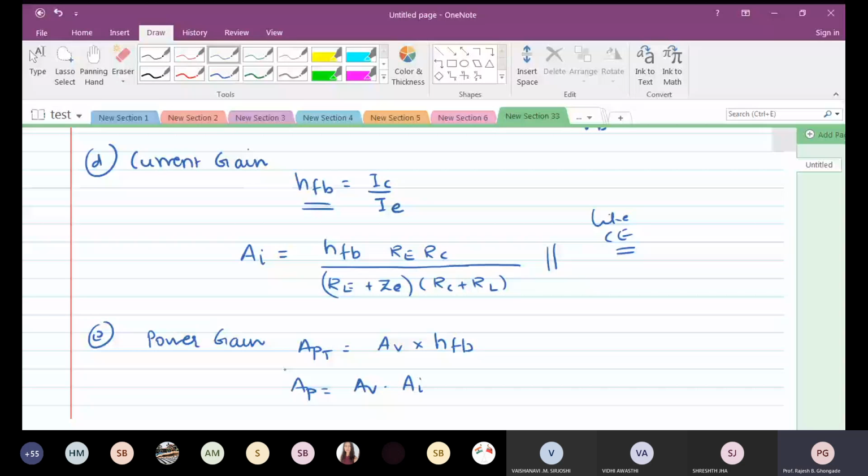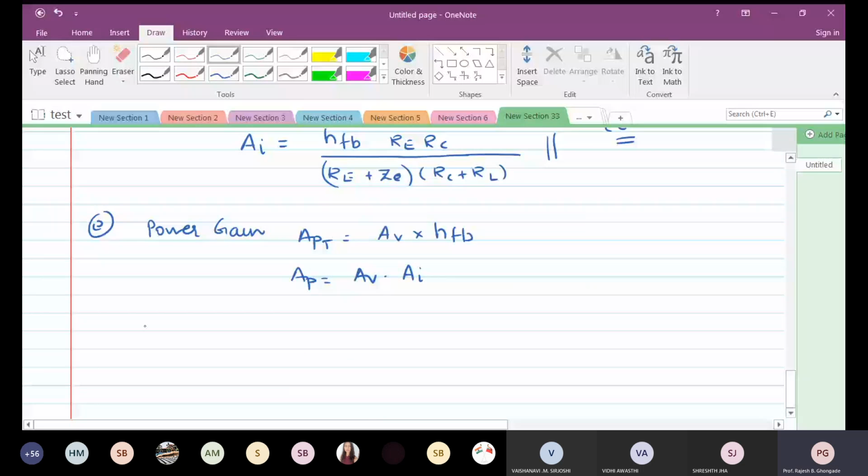What are the typical values, and where is the possible usage of such amplifiers? After that, what we have done till now is what is called the approximate analysis.